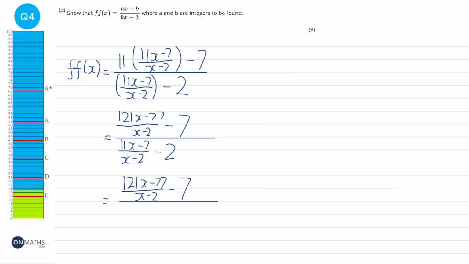And we're going to times that 7 by x minus 2 over x minus 2. Then we're going to do the same with the bottom. And we're going to times that 2 by x minus 2 over x minus 2.